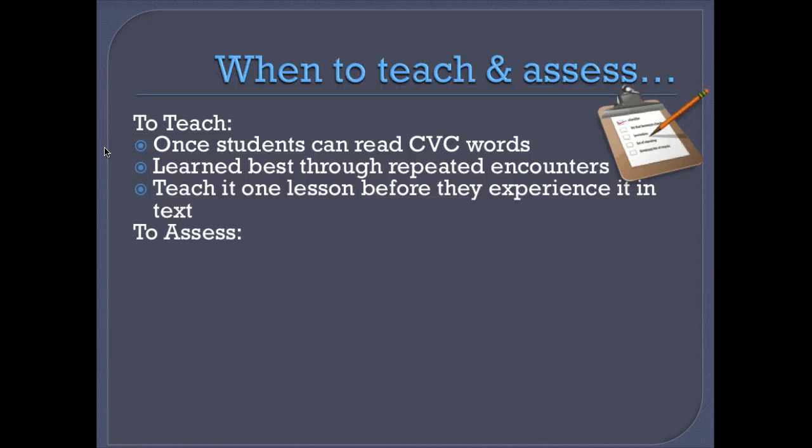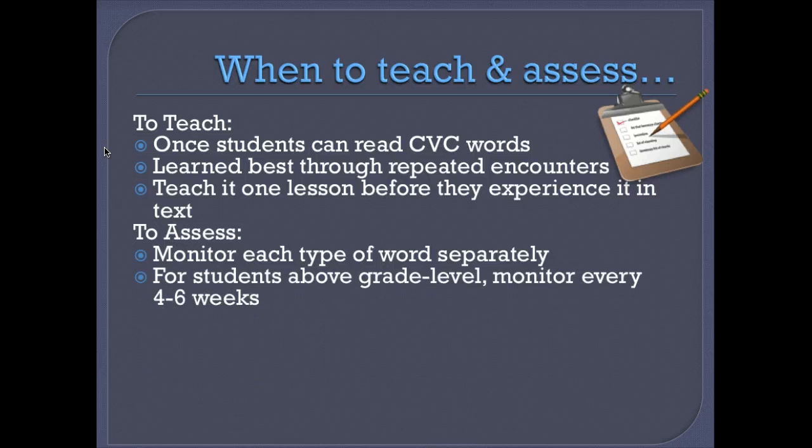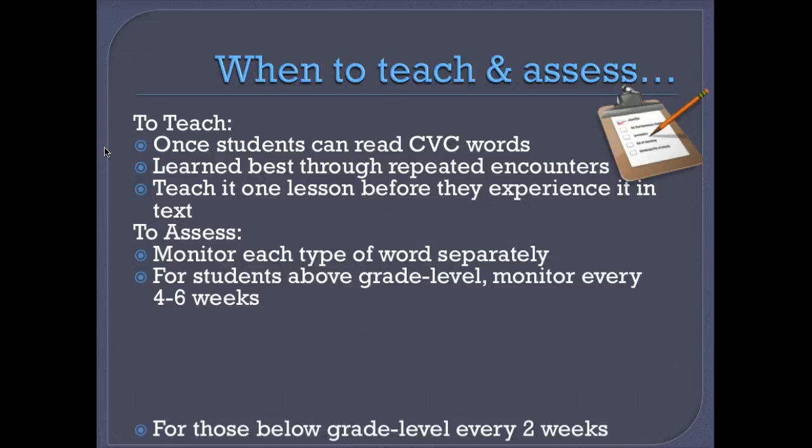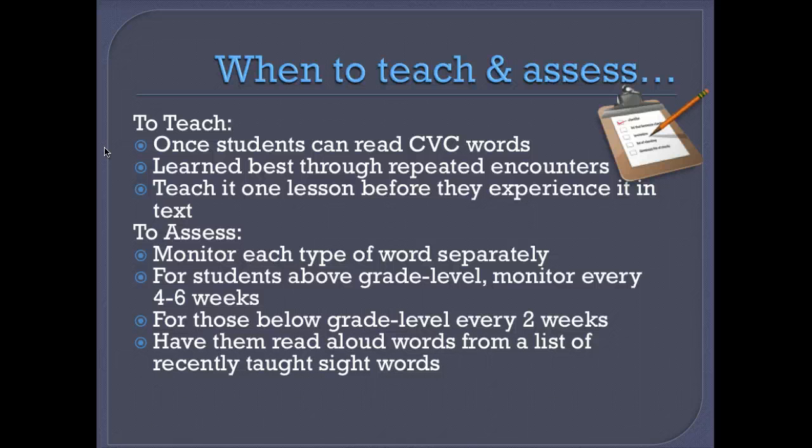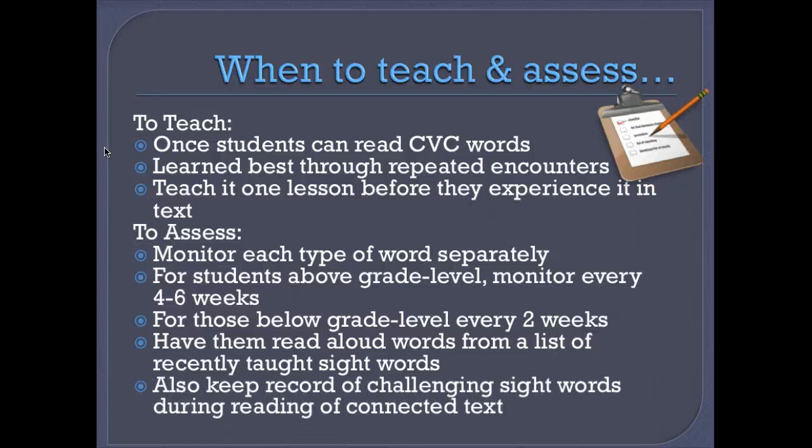Okay, so how do we assess it? Well, monitor each type of word separately. For students above grade level or on grade level, monitor every 4 to 6 weeks. However, those who are below grade level, you should monitor more frequently. Have them read aloud words from a list of recently taught words, and also keep a record of challenging sight words during reading of connected text.